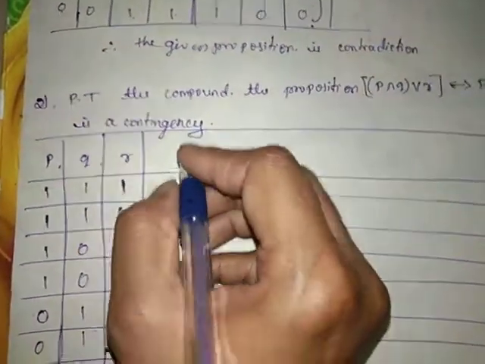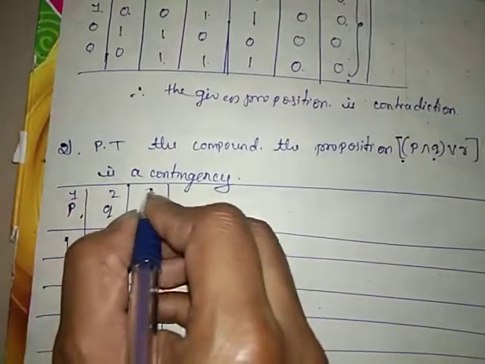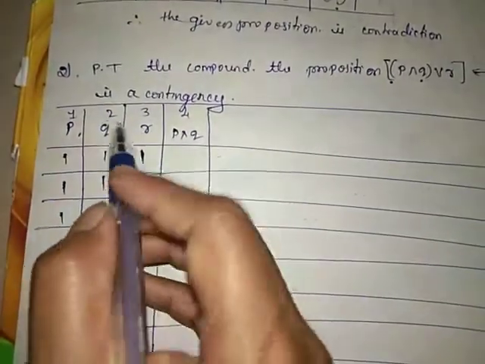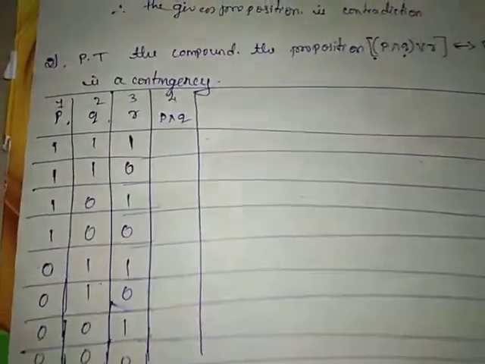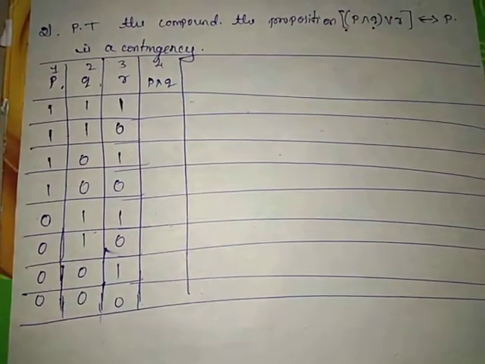So see here, we need first P and Q. So I am taking P and Q. I am also giving names to the columns. So first we arrange all possible truth values for the three propositions P, Q, R here.